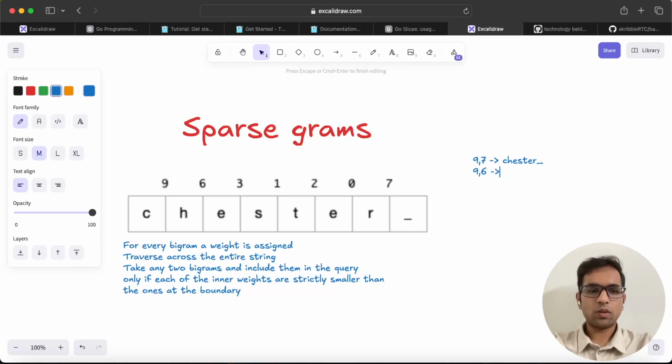So 9 and 6 we will take up, it will be CHE. Similarly, starting from 6 and 7 is fine because all of the weights inside it are smaller than 6 and 7, so it would be HESTER and the end word. Along with that, 6 and 0 is not okay, 6 and 2 is not okay because there's a 3 in between, 6 and 1 is not okay because there's a 3 in between, and then 6 and 3.